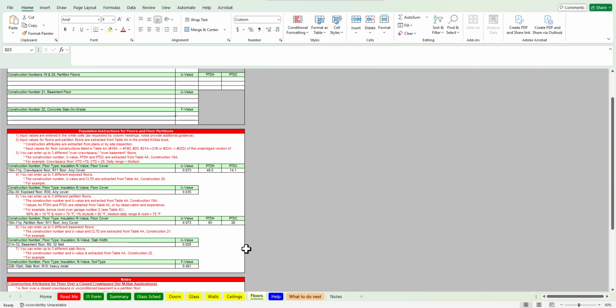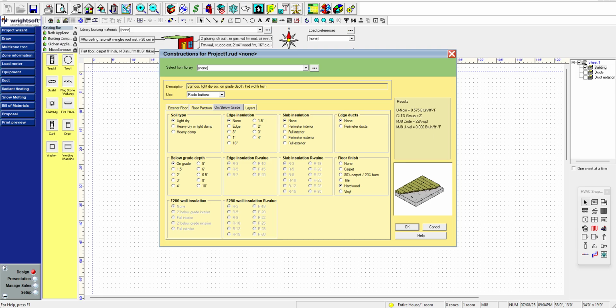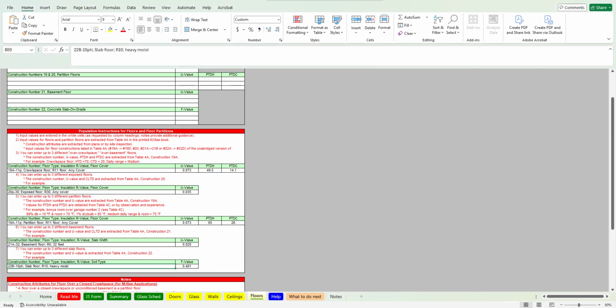Let's see, what do they have here for a slab floor? That's interesting. In this code, they're giving a Manual J8 U value of 0. But Manual J Speedsheet is looking for an F value.